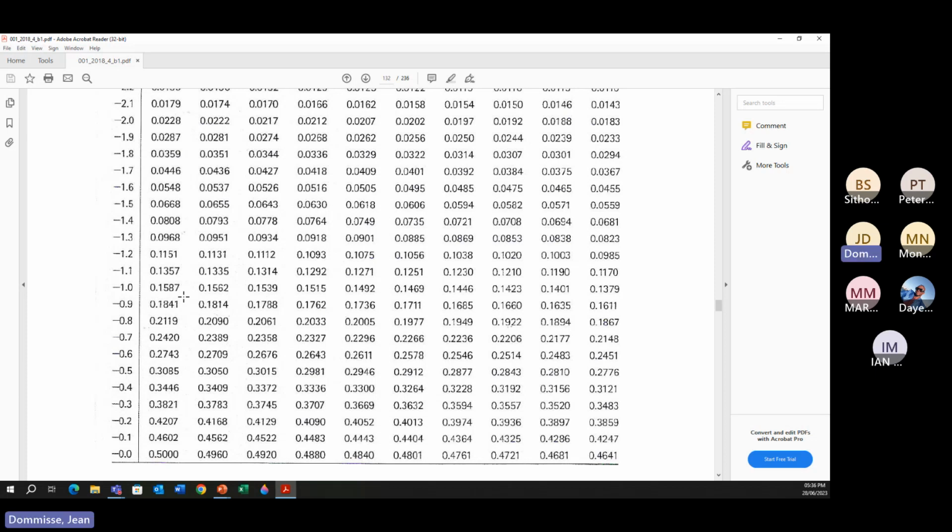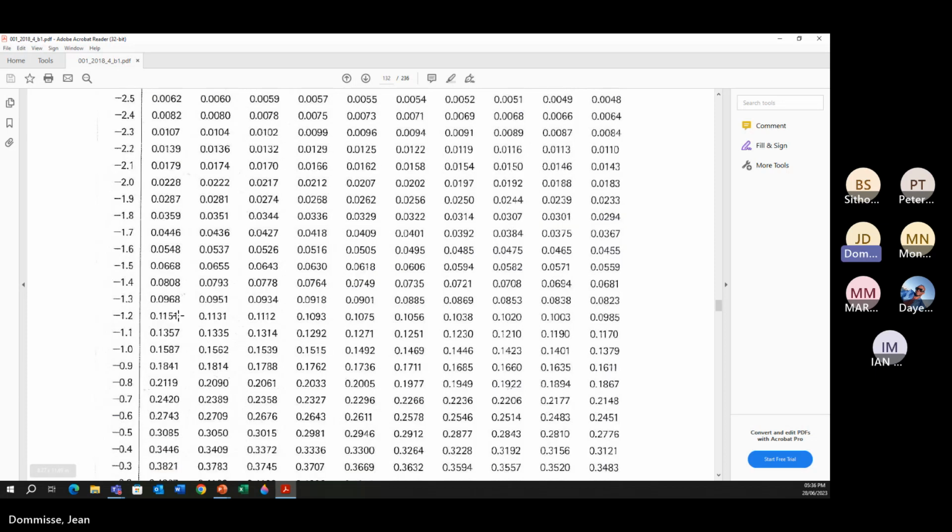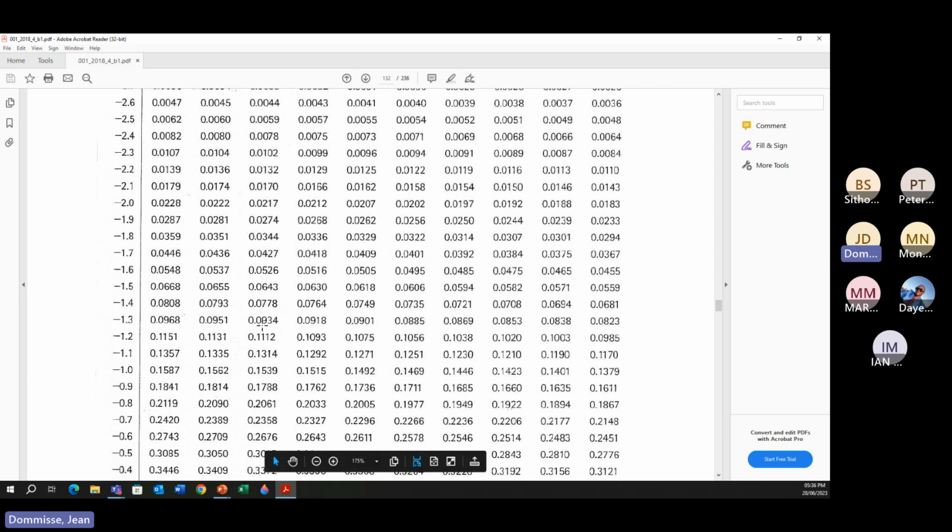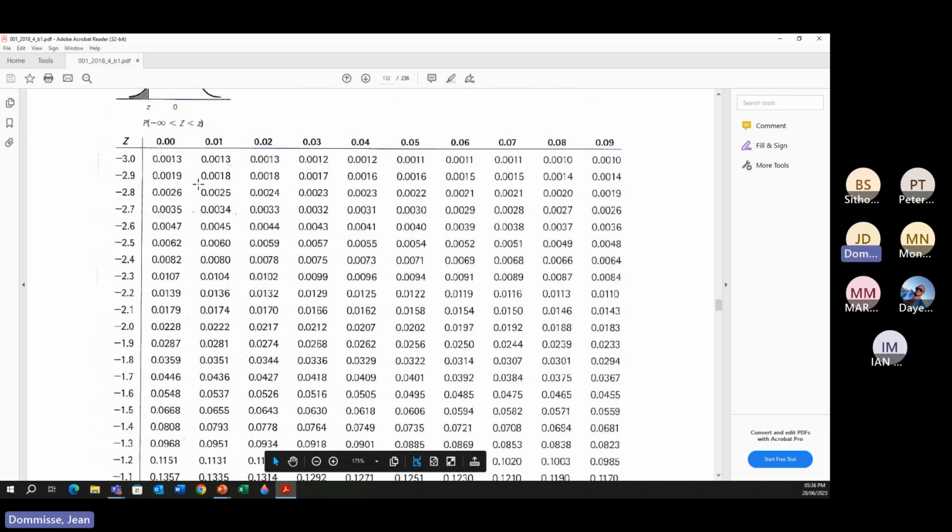So we need to look for minus 1.59. So again, we look at the first two digits, so the first number after the decimal, that is how we will go down with it. So we need to go down to minus 1.5.